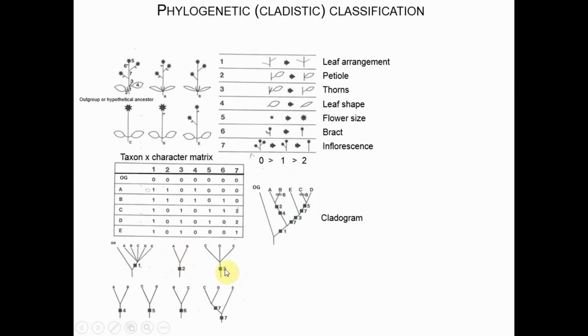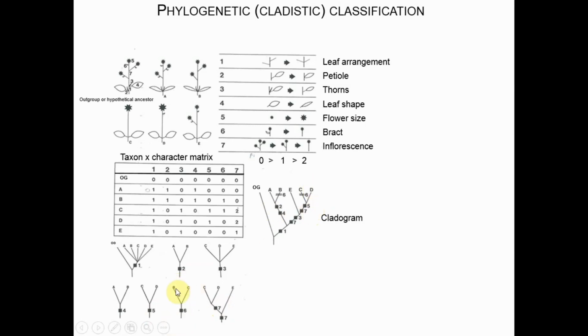Now we put these symbols of our characters on there. We have character 1 that groups all of them together. A and B share characters 2 and 4, so we draw those blocks on there. C, D, and E have characters 3 and 7 that group them together. And then C and D have 7 and character 5.